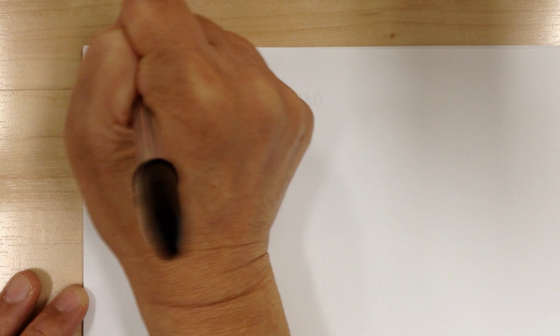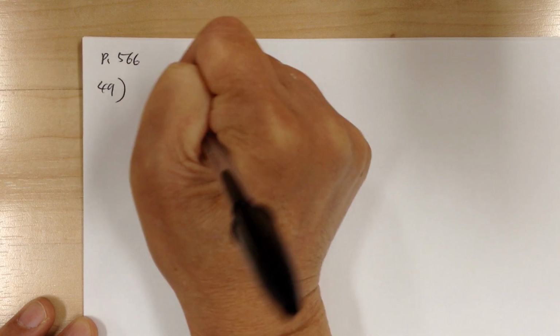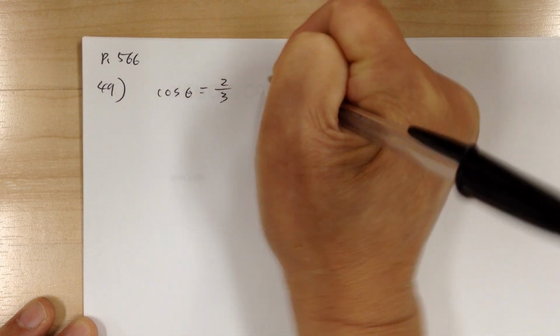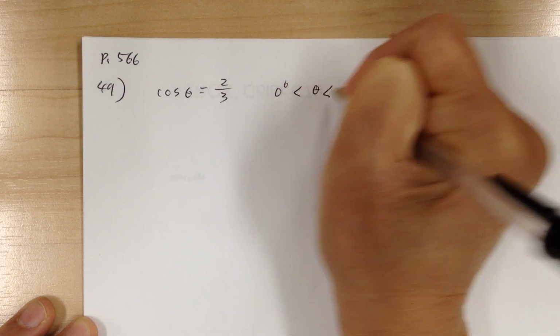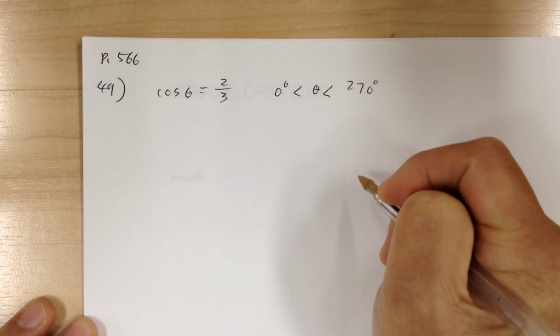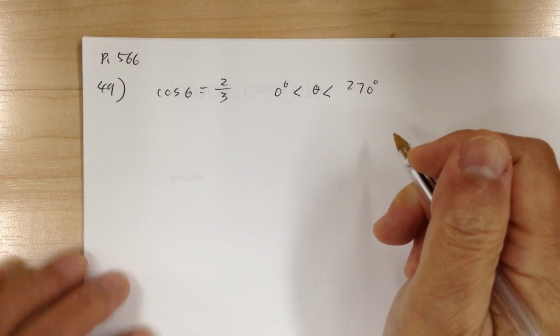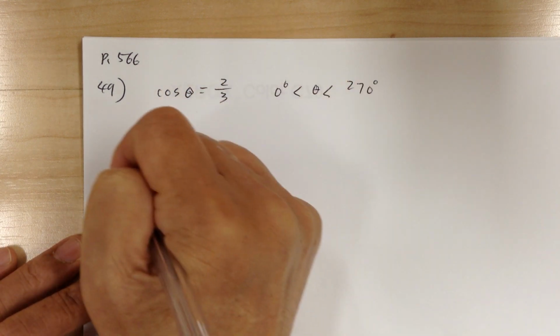Okay, let's go to the next one. You've got cosine theta equal to 2 over 3, and 0 degrees is less than theta, less than 270 degrees. So you can draw your triangle.